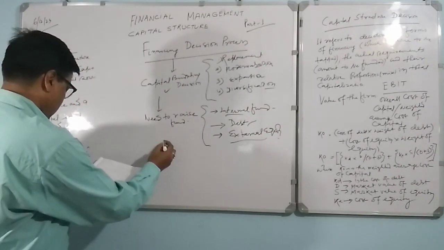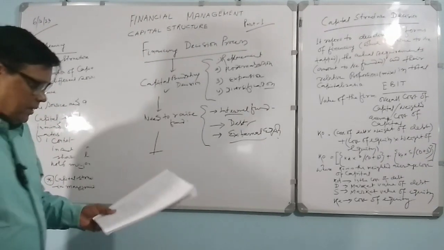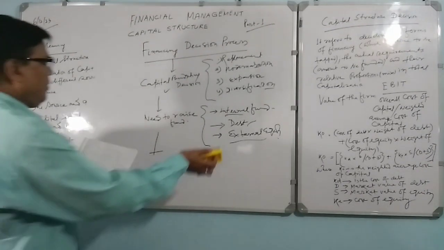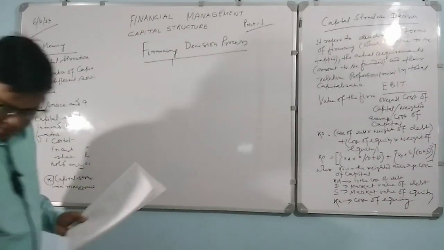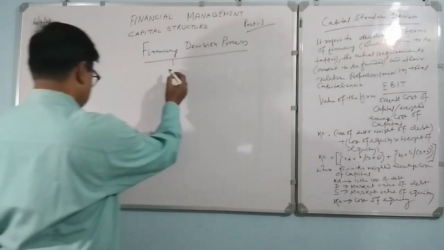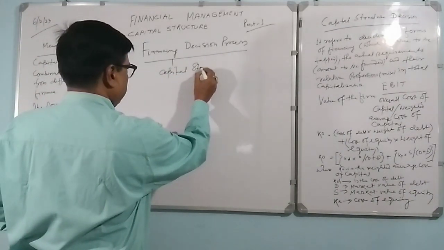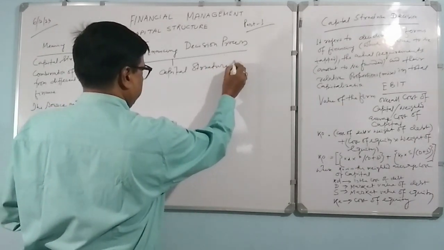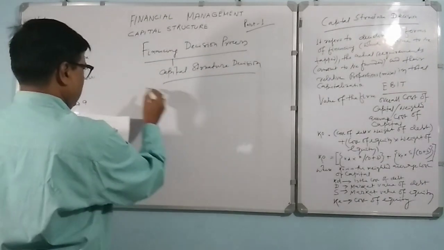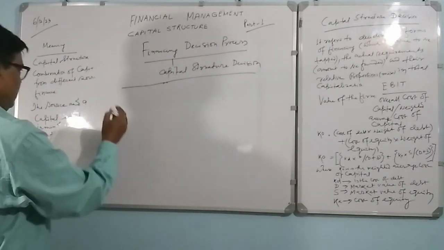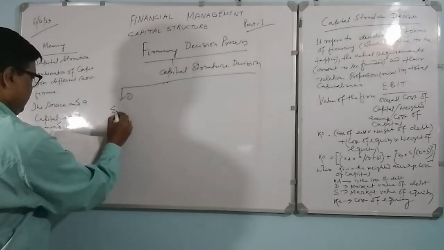Next is your capital structure decision. In the financing process, the third step will be your capital structure decision. See how the capital structure decisions, whatever the forms will be. Number one, your existing capital structure.